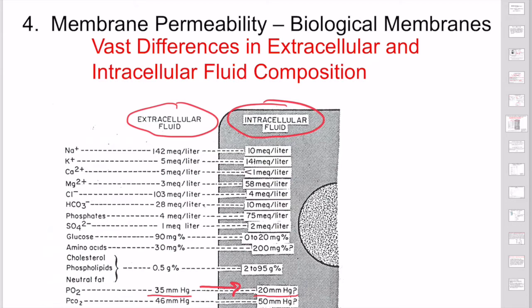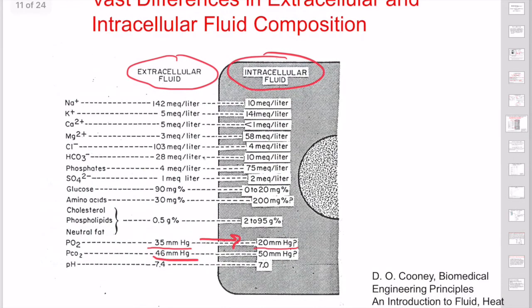Carbon dioxide is the other way around: 46 millimeters of mercury outside and 50 inside. So there's a concentration gradient driving carbon dioxide out of the cell. And so this is how cellular respiration happens. Diffusion is an important part of getting the oxygen into the cell and carbon dioxide out.